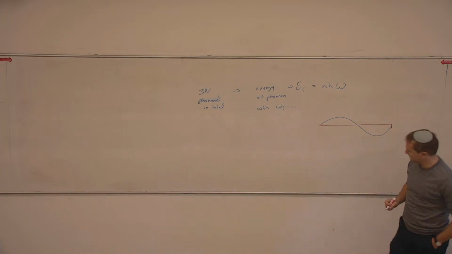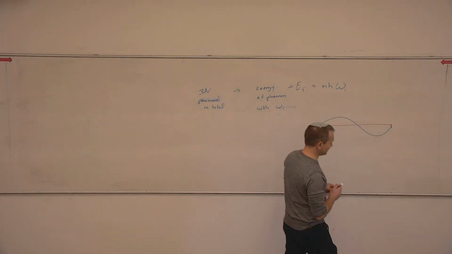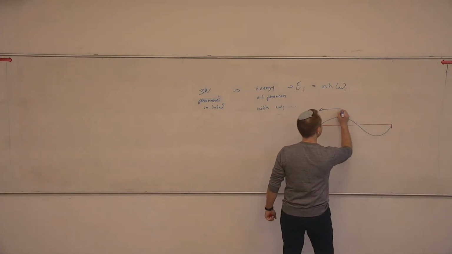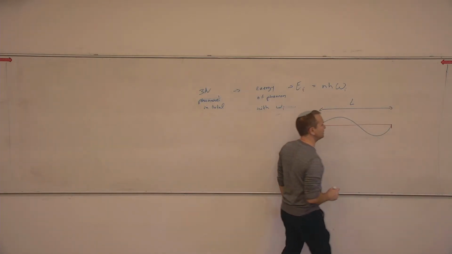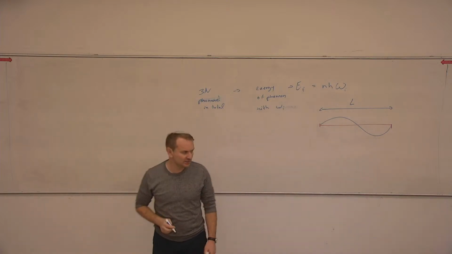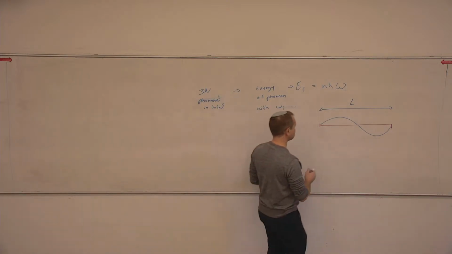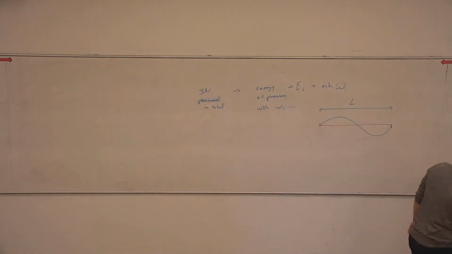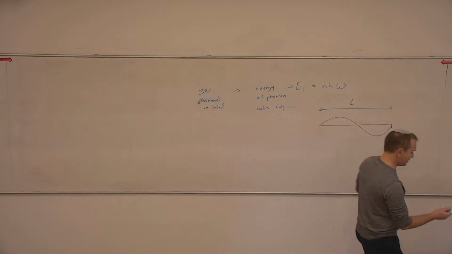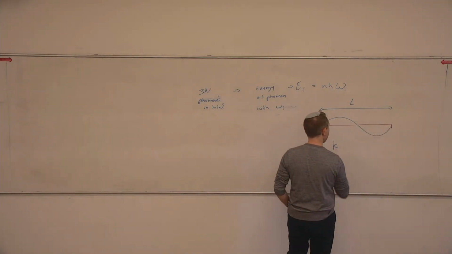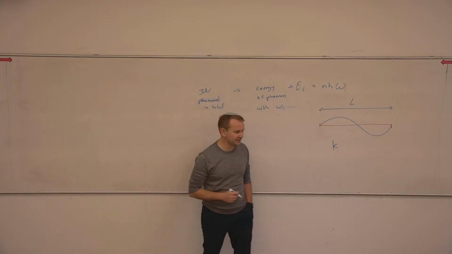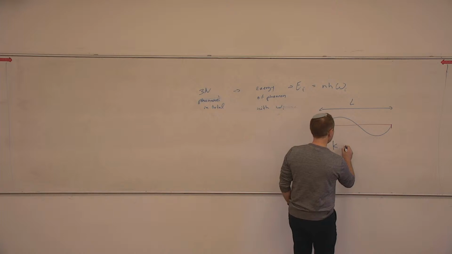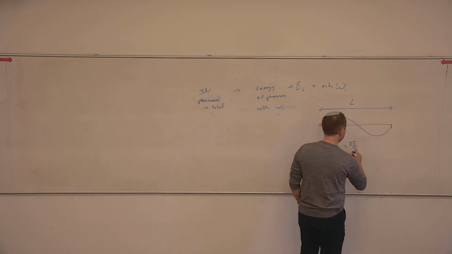Now, if I start with a one-dimensional system, and this one-dimensional system is a string of length L. Inside the string there are a lot of particles, there are some specific waves, and k is my wave vector, well, in 1D it's going to be a wave scalar, it equals 2 pi divided by lambda.